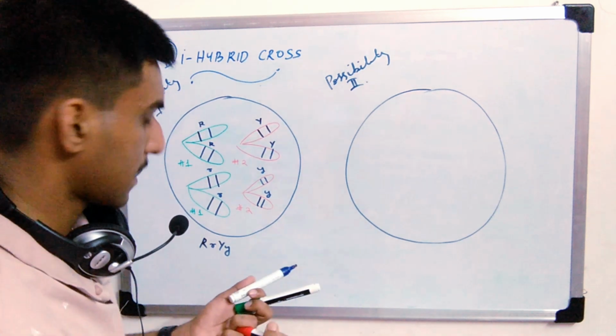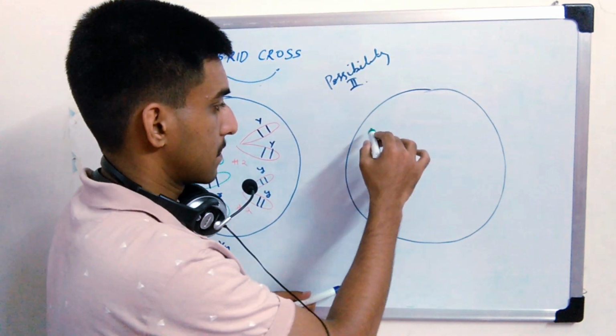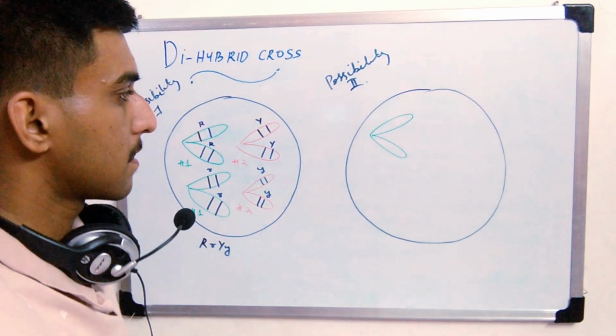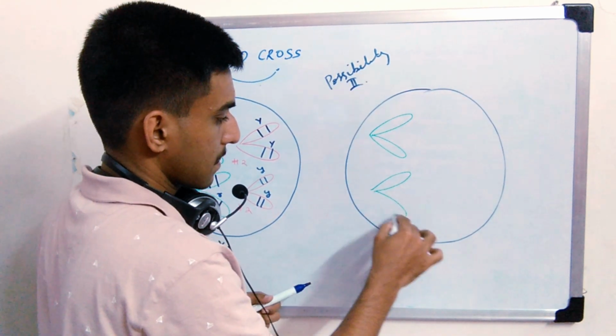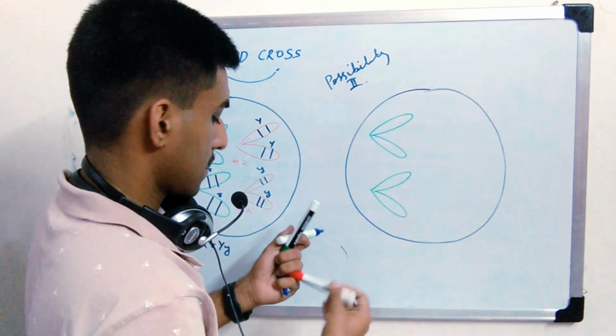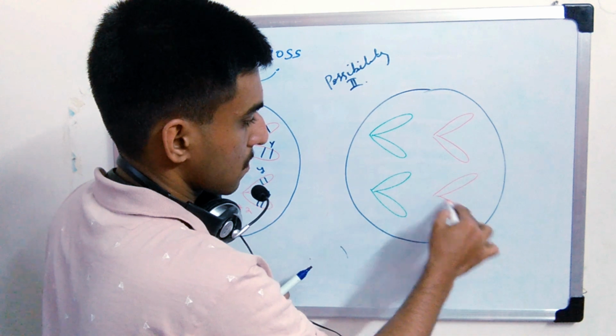How? I will show right now. Chromosome number 1, homologous chromosome number 2.